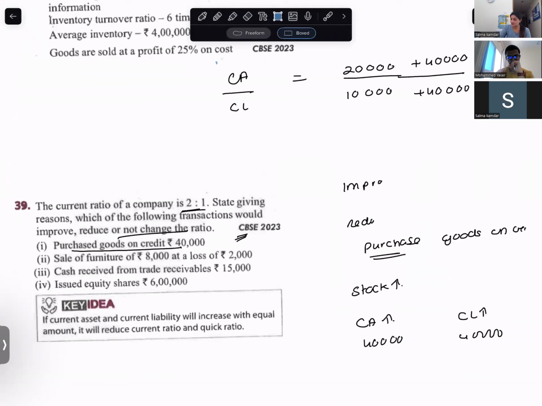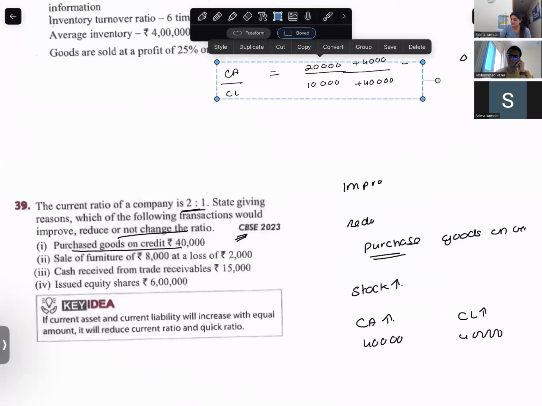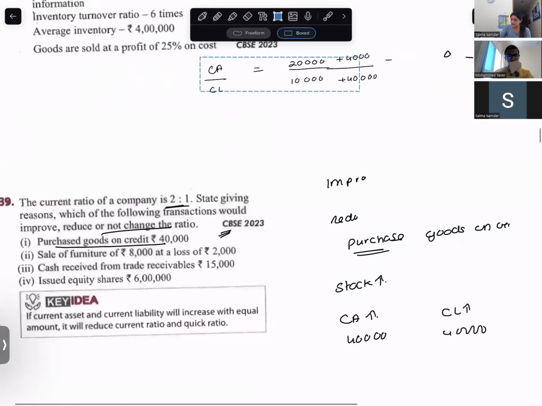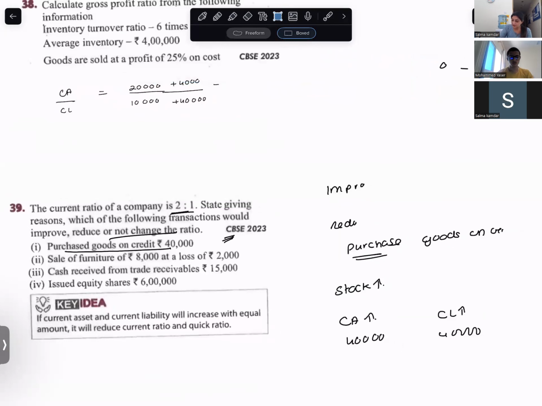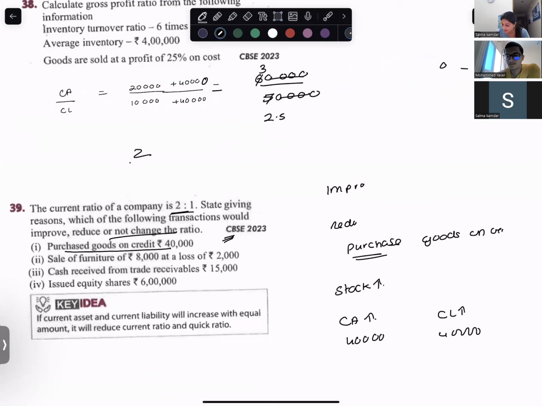So this will become 60,000 by 50,000. So this is 2.5, and this will become 2:1.